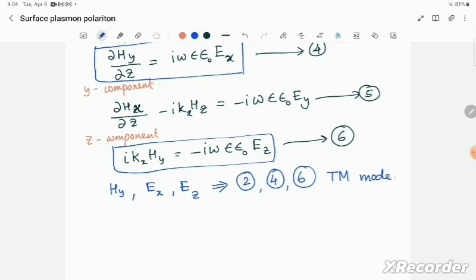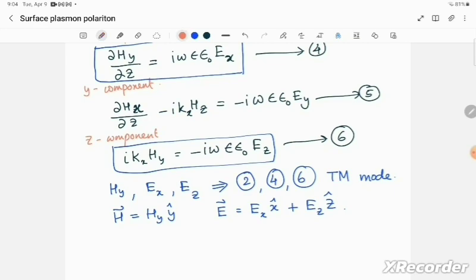Fine. So in the TM mode, H has only the y component, and E has x and z. This is the TM mode.